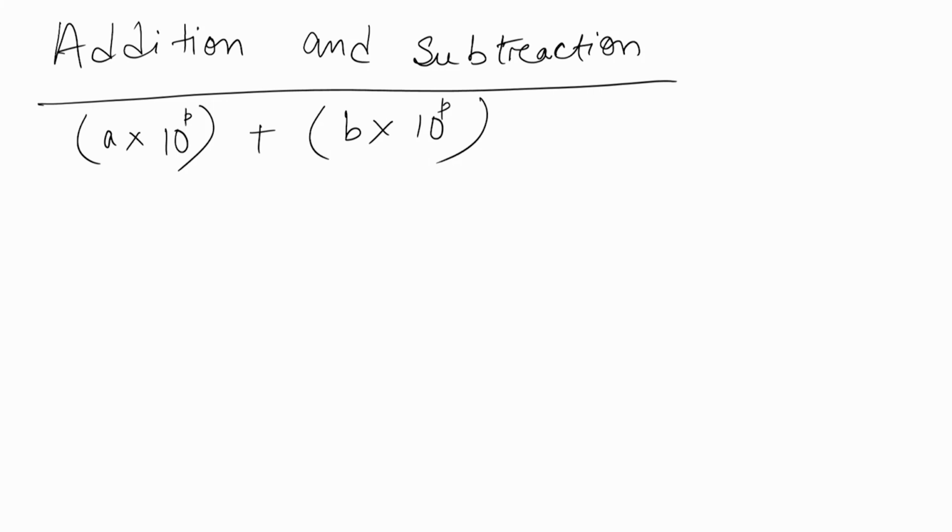For this method, the powers of 10 should be the same. So we will take 10 to the power p as common, and within the bracket we will add a and b. So this term can be written as a plus b into 10 to the power p.